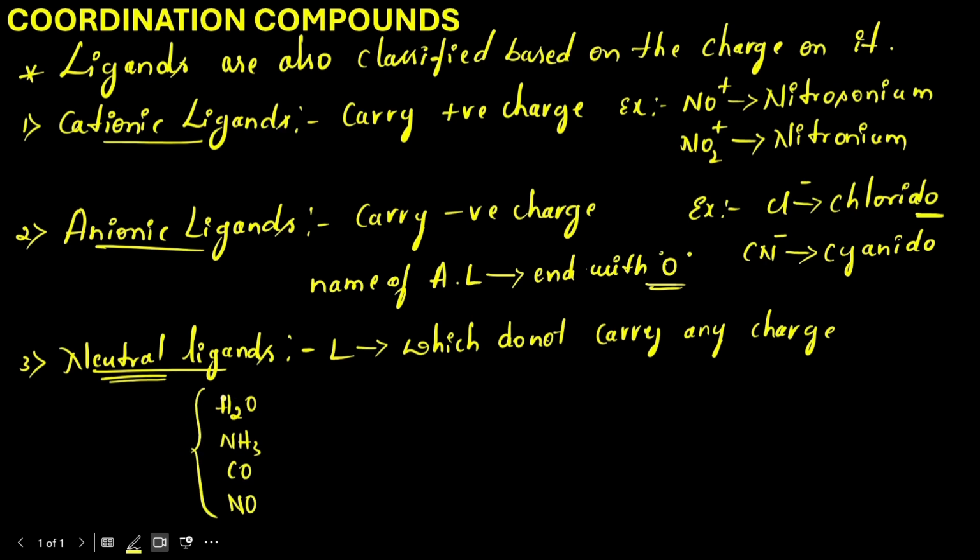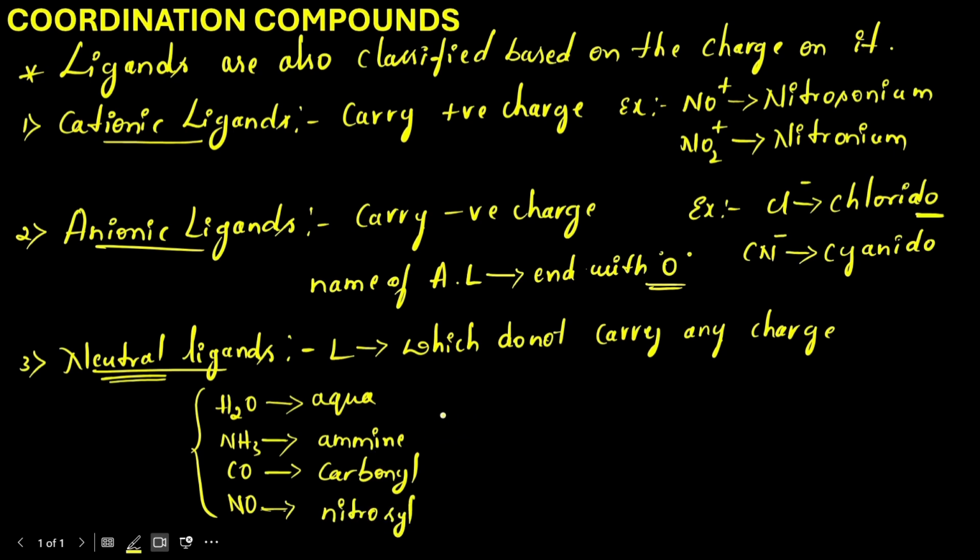We will see how these neutral ligands are named. H2O is named as aqua, and NH3 is named as ammine. CO is named as carbonyl. NO is named as nitrosyl. These are exceptional neutral ligands which are named using special names.